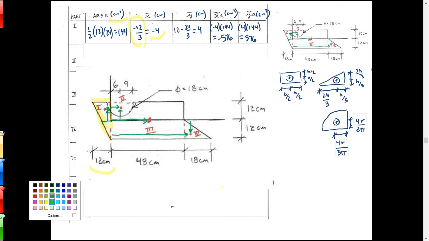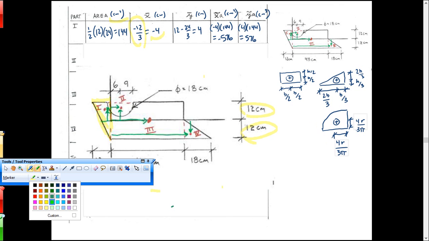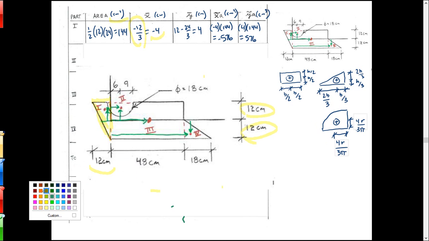Now, there's a lot of ways to calculate y bar. What I'm doing there, see, I've got 12 and 12, so that total height is 24. To get to that centroid, the way I'm going to think about that is I'm going to go up 12, and then I'm going to come back 1/3 of 12, or excuse me, 1/3 of 24.